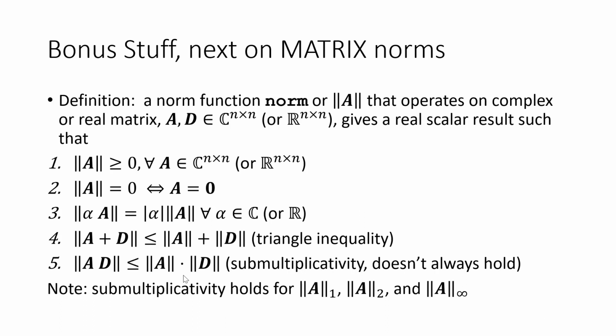It doesn't always hold, but it does hold for the 1 norm, the 2 norm, and the infinity norm. Remember that the 1 norm is the max column sum norm, and the infinity norm is the max row sum norm, two important ones, and the 2 norm is related to the maximum eigenvalue of A transpose A.